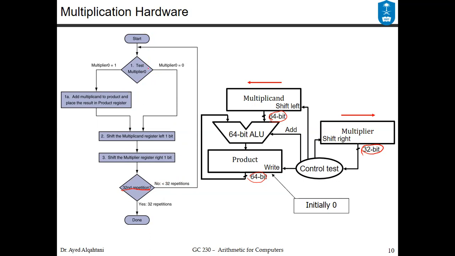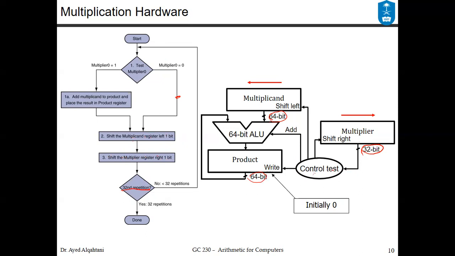Now, you can see in this flow chart that there is a decision, and I need to either add the multiplicand or not add the multiplicand, which means that there is no operation, and I shift the multiplicand to the left, or shift the multiplier to the right. The one who's responsible to do this is the control test, and you can see that it has the input, which is the least significant bit of the multiplier.